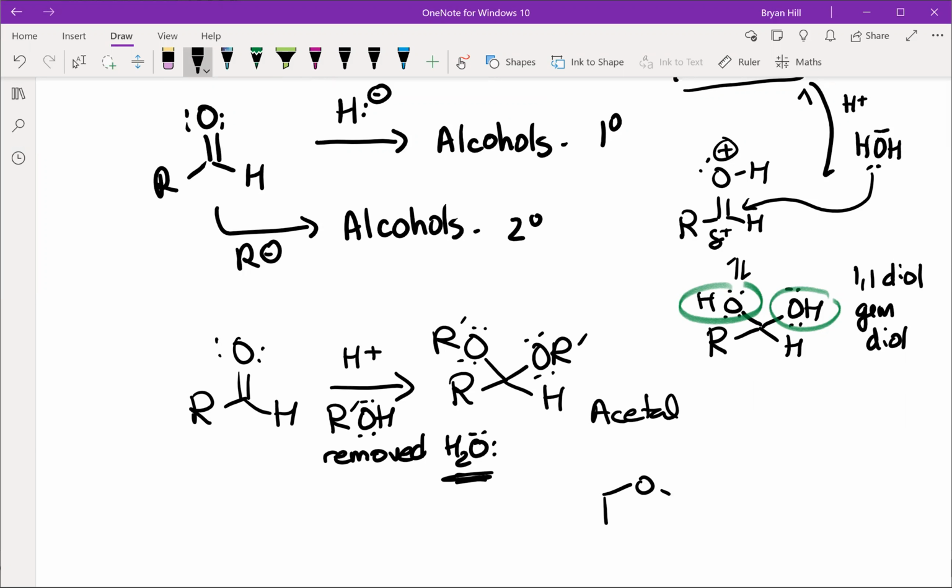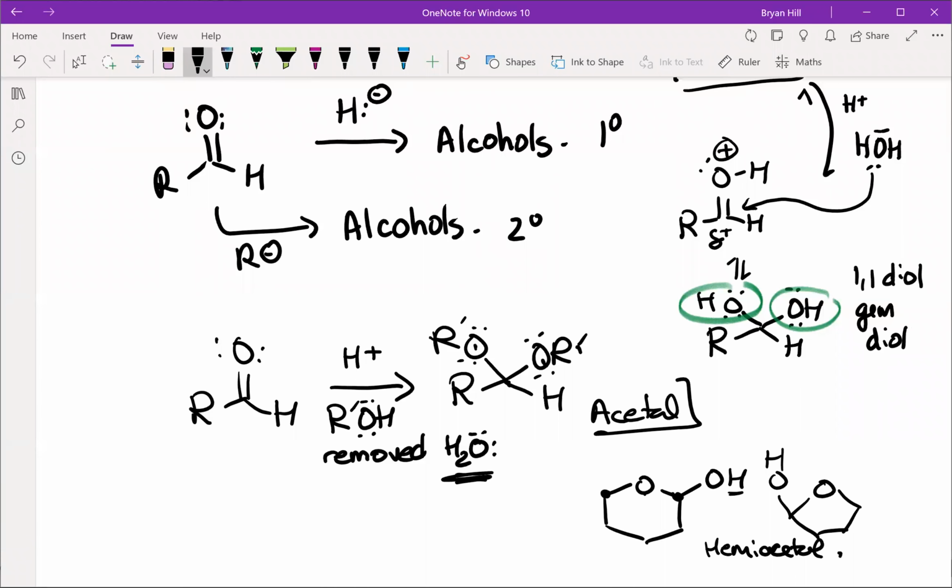So like most sugars are either going to be the 6-membered sugar or the 5-membered sugar, which you would see in, carbon, oxygen, H, that is the hemiacetal. And the carbon, oxygen, carbon would be the acetal. We're gonna see these a little bit during the course of the term, I guess.